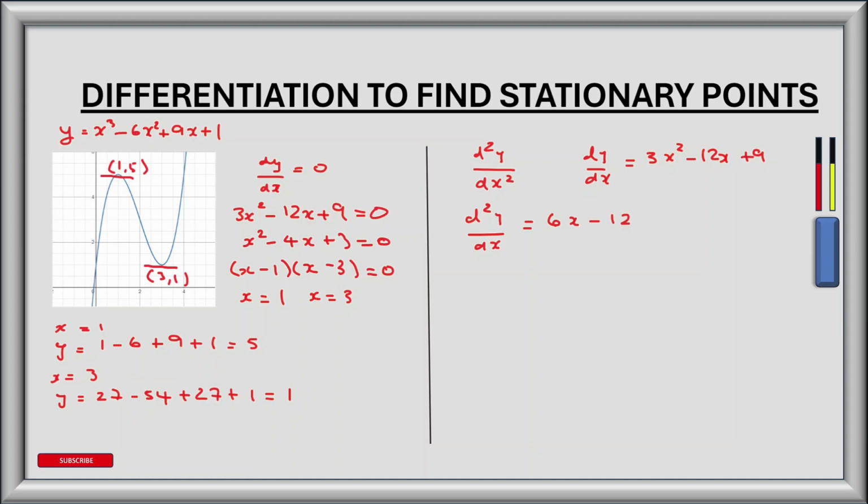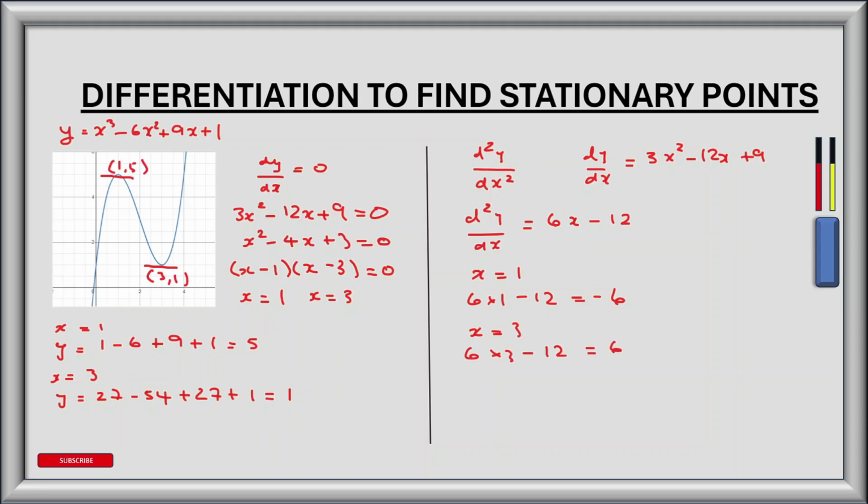So now we have that, we can put in our values for x equals 1 and x equals 3. So when x is equal to 1, if we plug that into our equation 6x minus 12, we get 6 times 1 minus 12, which is equal to minus 6. And where x is equal to 3, we have 6 times 3 minus 12, and that gives us plus 6.